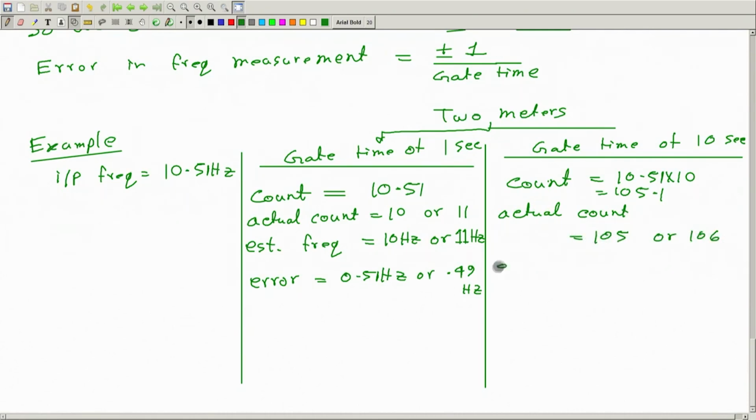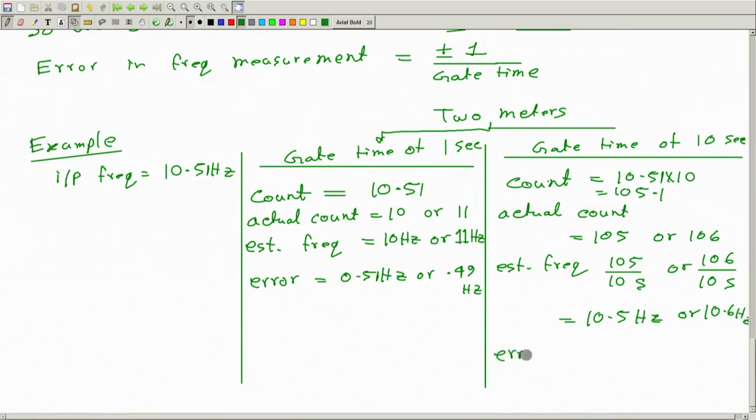So, the estimated frequency will be how much? 105 divided by 10 seconds, because now the counting time is 10 seconds, or 106 divided by 10 seconds. So, this comes out to be 10.5 hertz or 10.6 hertz.